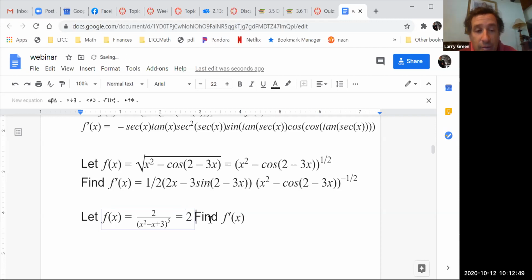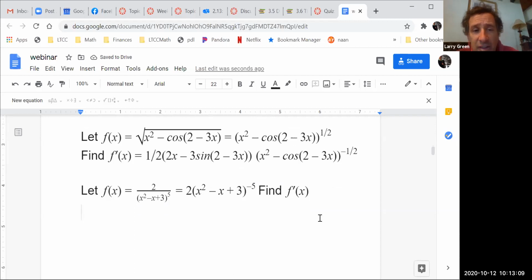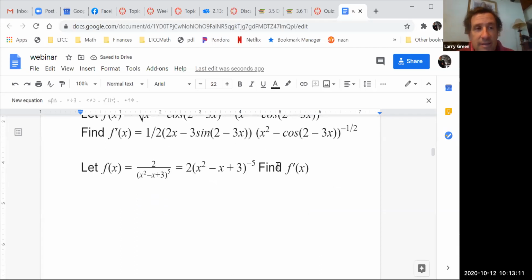And that is you write it as 2 times x squared minus x plus 3 to the negative 5th power. Any questions on that bit of algebra? And that saves a lot of time if you do it that way.